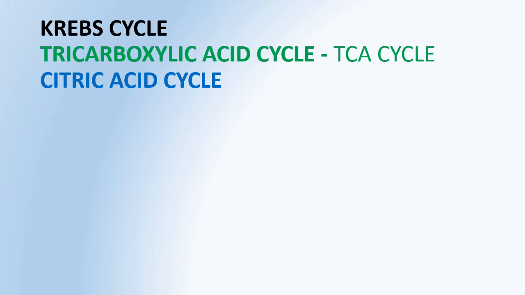In the second stage, the acetyl groups are fed into the citric acid cycle, which causes oxidation and results in the production of carbon dioxide. The energy released as a result of this oxidation is conserved in the reduced electron carriers NADH and FADH2.